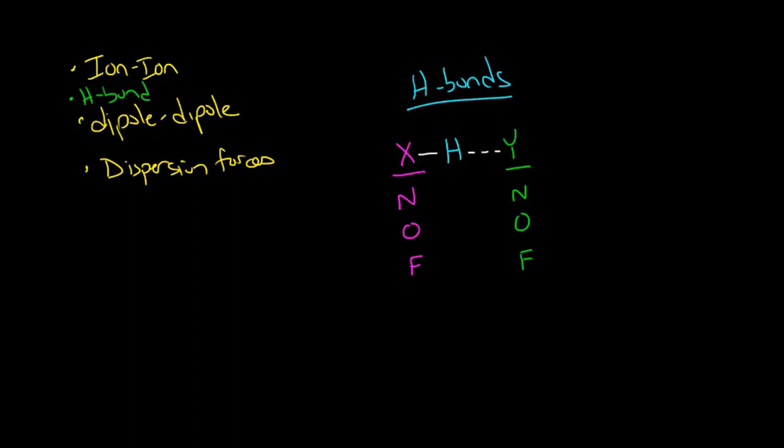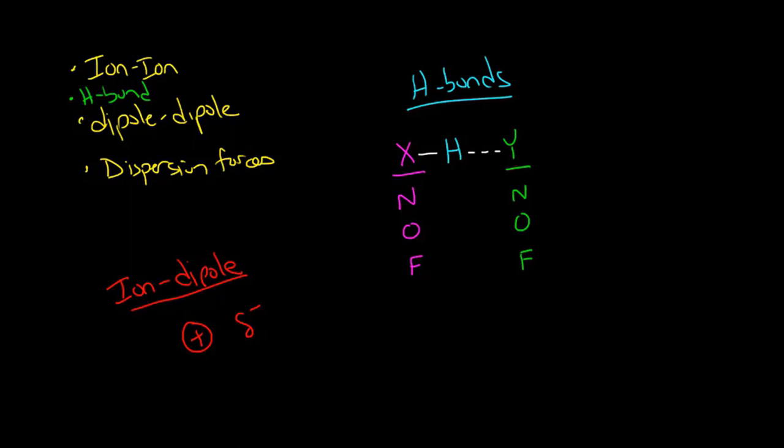The other type of special intermolecular force is an ion-dipole. As the name suggests, ion-dipole intermolecular forces are a mixture between an ion-ion and a dipole-dipole. They occur between an ion, let's say a positive charge, and the partially negative end of a polar molecule.